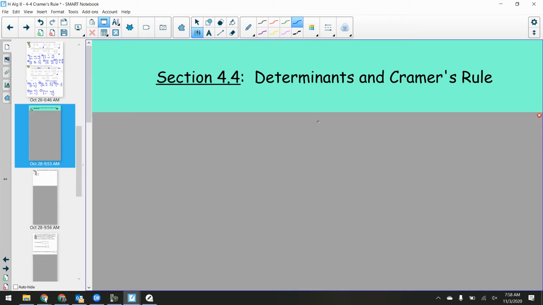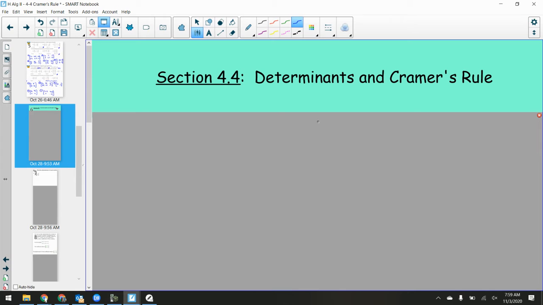Now, to understand the application, we need to understand how to find what's called a determinant. A determinant is a value associated with a matrix. Just like you know how slope is a value associated with a straight line? It's a measurement of the steepness of the line.